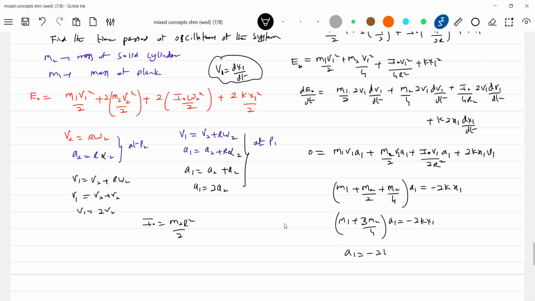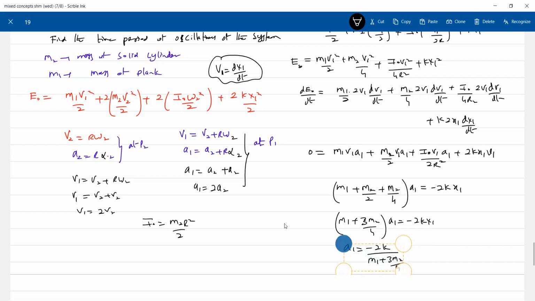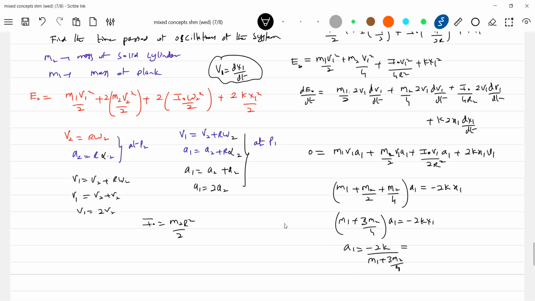So A1 equals minus 2k x1 over (m1 plus 3m2 by 4), and the time period will be 2 pi root of (4m1 plus 3m2) by 8k.